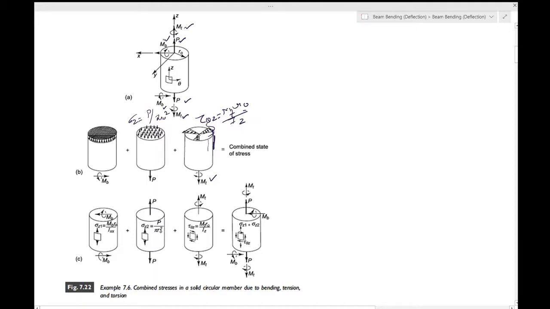Okay, and for the bending one, you would have a sigma z, the axial stress for that matter, that would be equal to Mb r by Ixx, sorry, r.